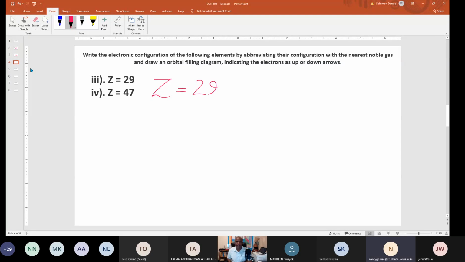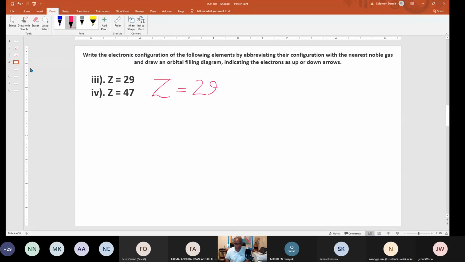So when you are writing the electron configuration, you are arranging these 29 electrons in terms of the shells, their subshells, and the orbitals. You allocate these 29 electrons in shells, subshells, and orbitals.